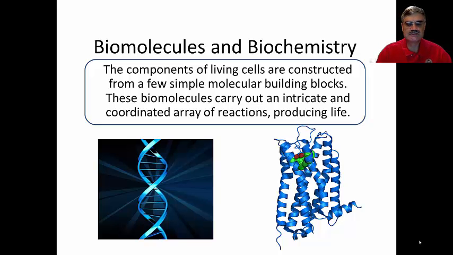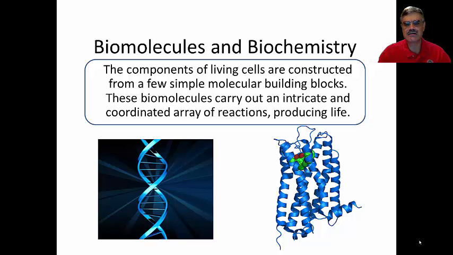Now, we've just had a couple of chapters on the cell and strategies for life. So we're now going to go smaller, and we're going to talk about the molecules of life, the molecules that carry out the processes needed for life. And we will see that the components of living cells are constructed from a relatively few number of simple molecular building blocks.